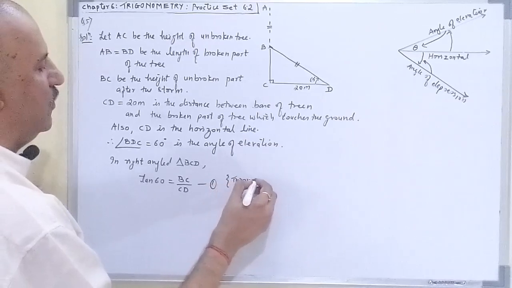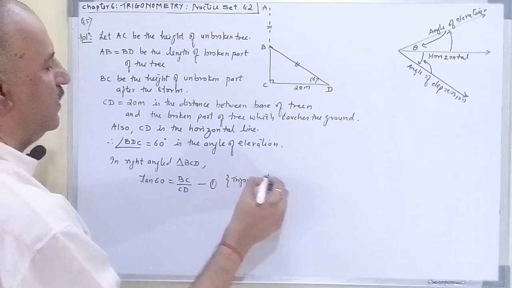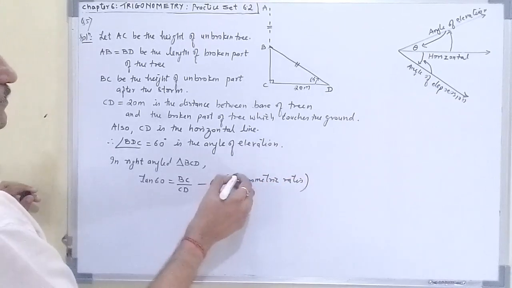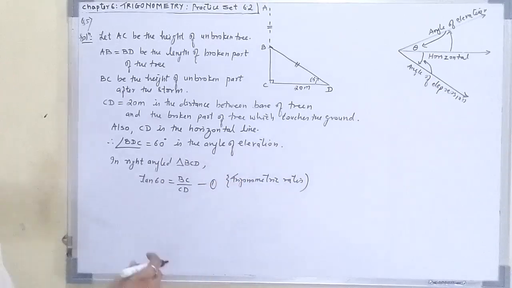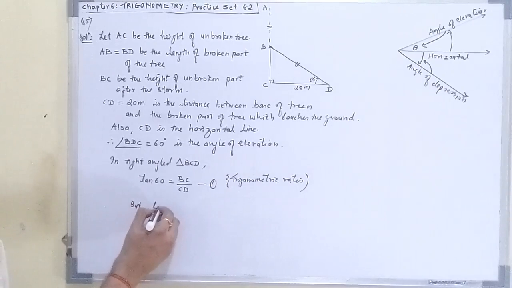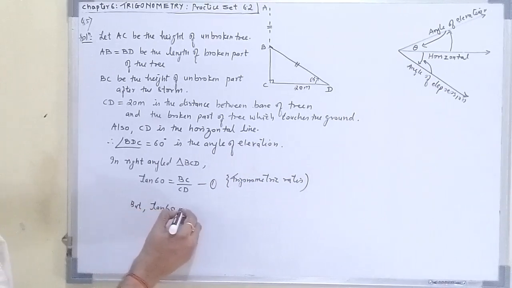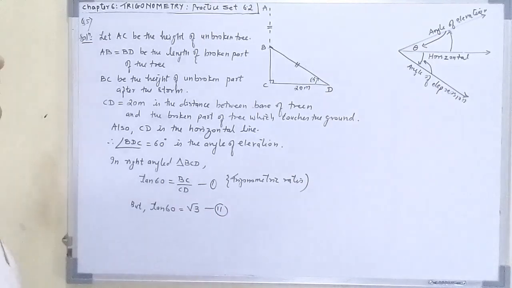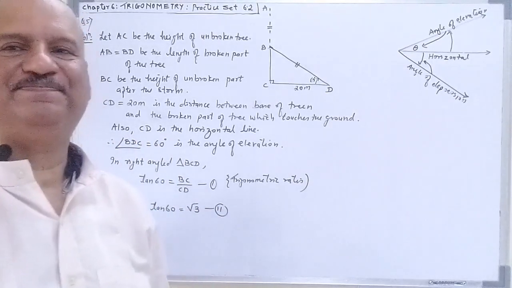Here we go now. Metric ratio. But tan 60 is nothing but √3. We have been doing this for a while, it happened twice.